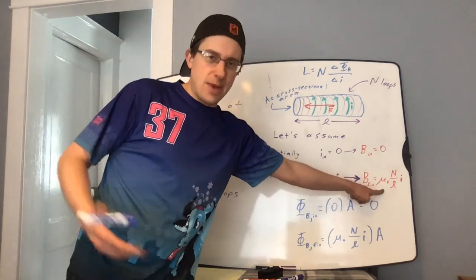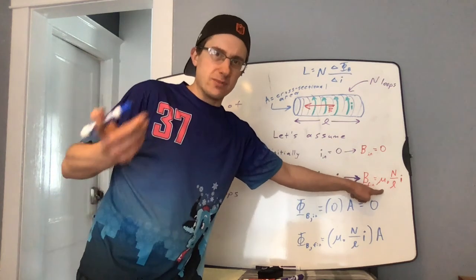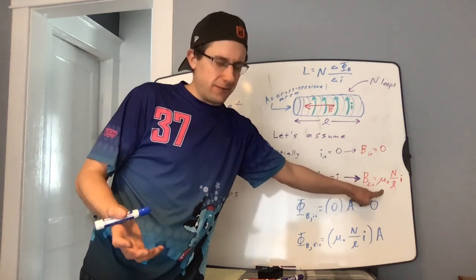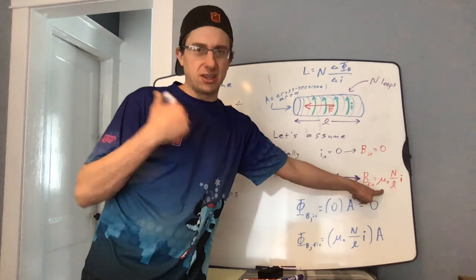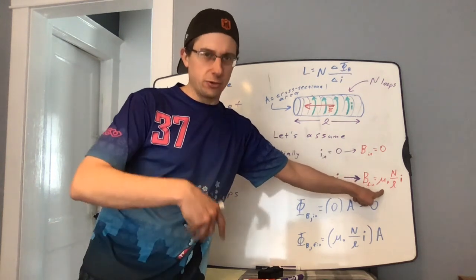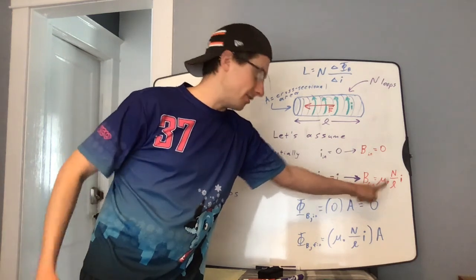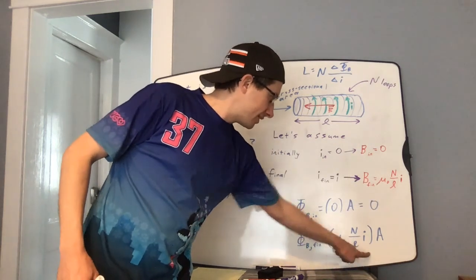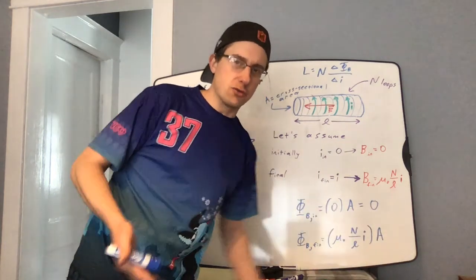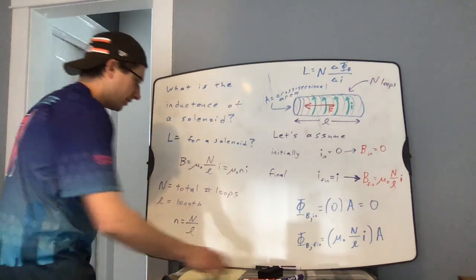And the magnetic flux is going to be B times A. The magnetic field is down the length of the solenoid, so that angular term, cosine of theta, just becomes the number 1. So we have B times A times cosine of 0, which is 1.